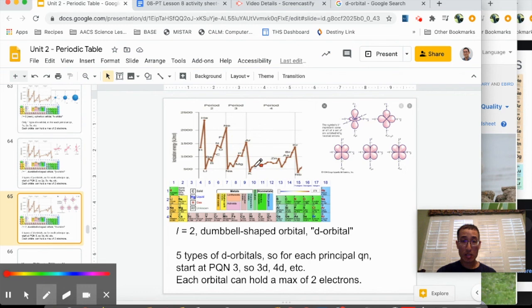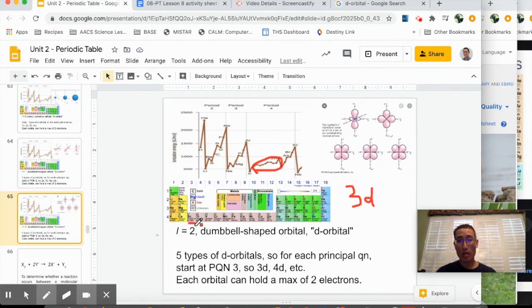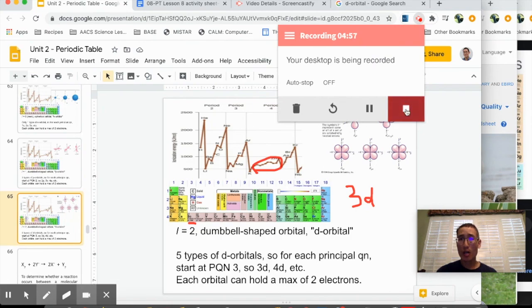We go from here all the way to zinc, and that starts at 3d. So 3d is the first place we saw d orbitals. Remember, 1s in the first row, 2s and 2p in the second row, 3s, 3p, and 3d. 3d is over here. I'm going to have some questions that deal with that. Try as best as you can with those.